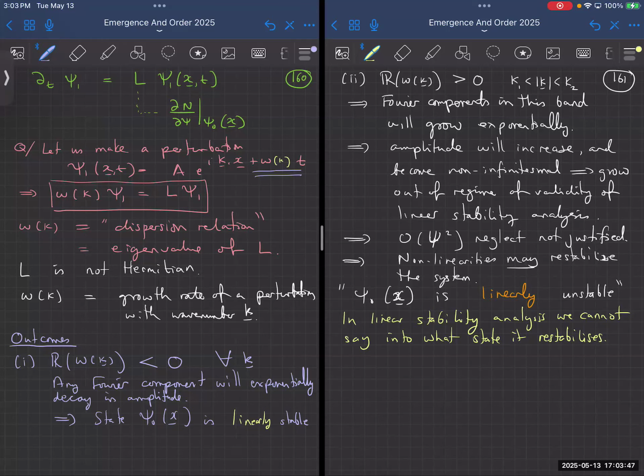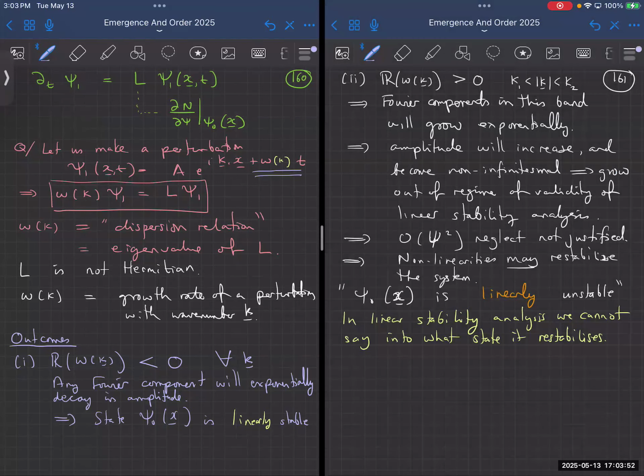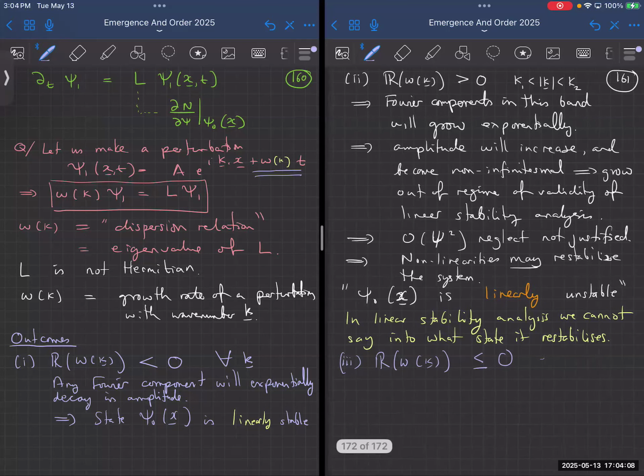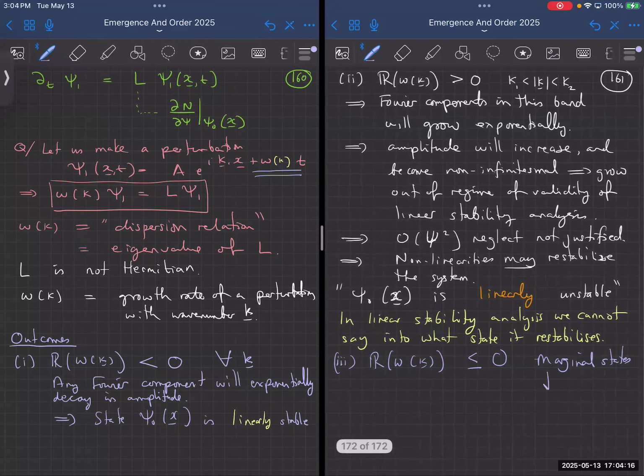And then there's another case that can happen. In fact, there's lots of cases when you start to think about it. What you might have is that the real part of omega of k is actually less than or equal to 0. And that means that you have marginal states. Why are they called marginal?